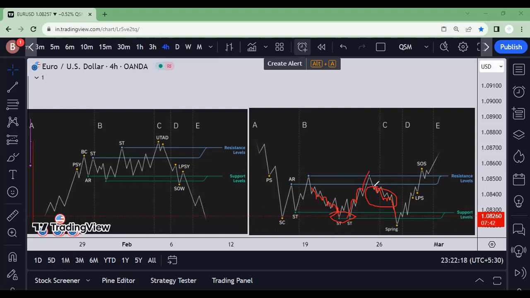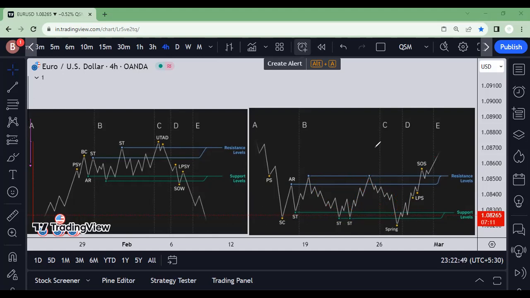It would lack acceleration and momentum, and there would be more candles if you compare this entire up move with this downward move. So here the number of candles would be more compared to this one. There are numerous ways, numerous theories, and numerous tricks to identify it.